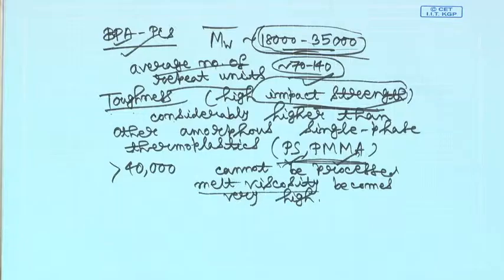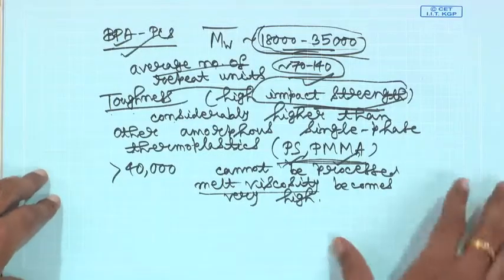So, melt viscosity is a problem for polycarbonates, and this is one of the reasons why you do not go to very high molecular weight, because otherwise it is not easily processable. That is why you do not go beyond 35,000 molecular weight. 70 to 140 repeat units is good enough to give you good properties.